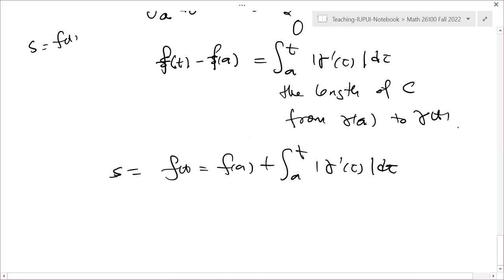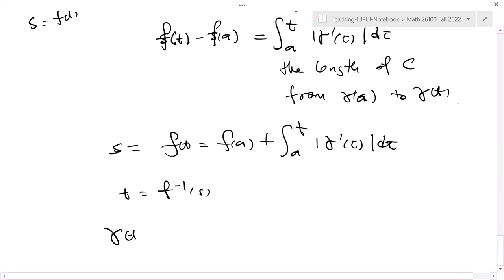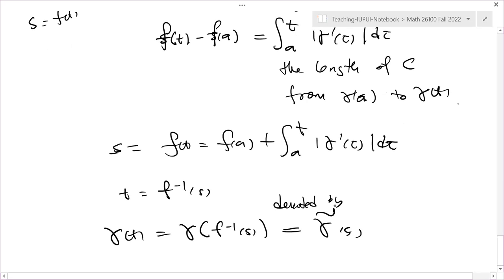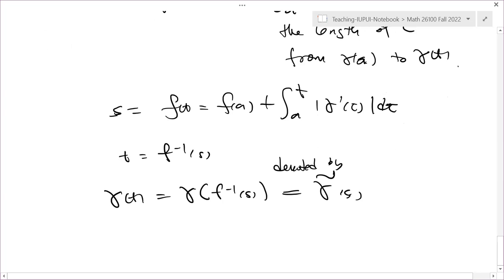Then you can solve for t in terms of s, and then gamma of t is replaced by gamma of f inverse, which will be denoted by another notation. That's how to use this procedure.